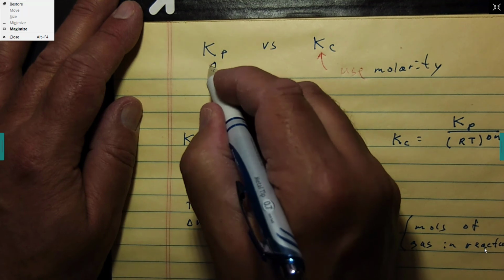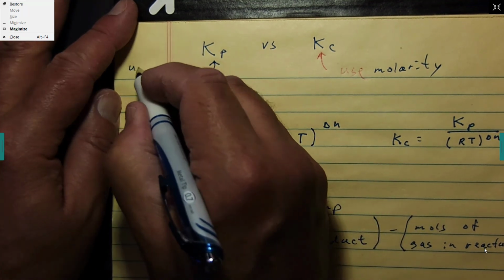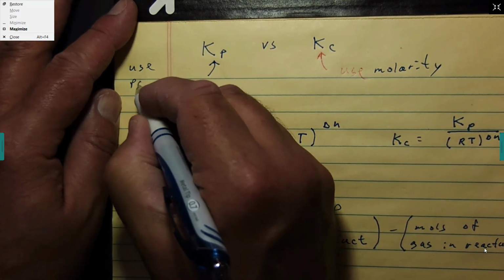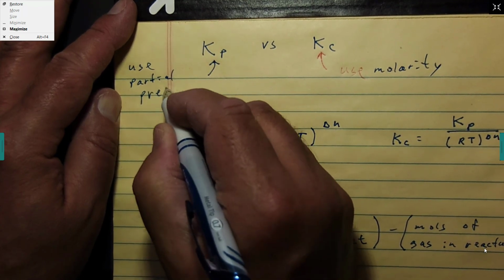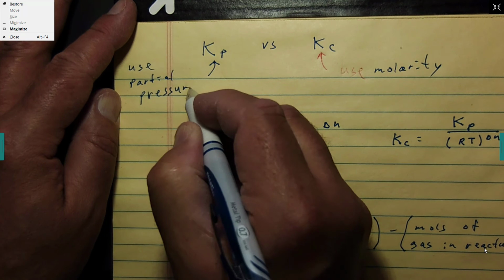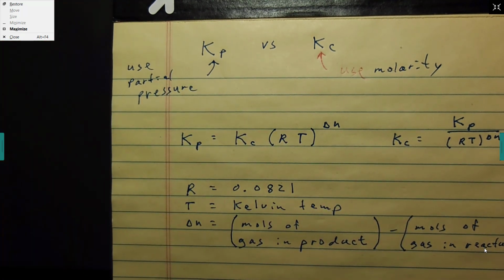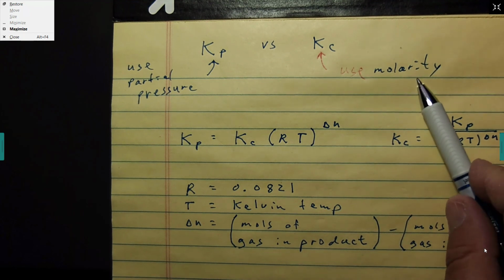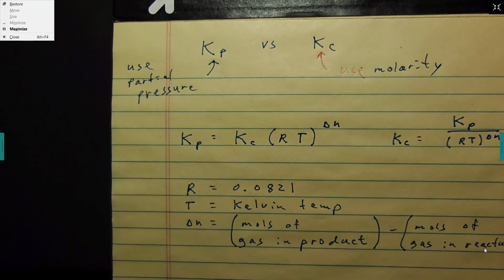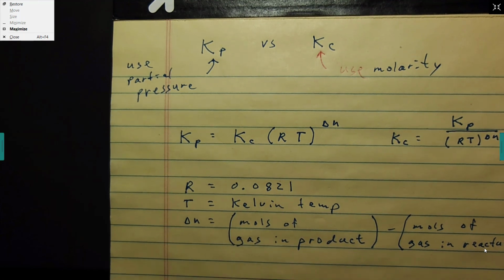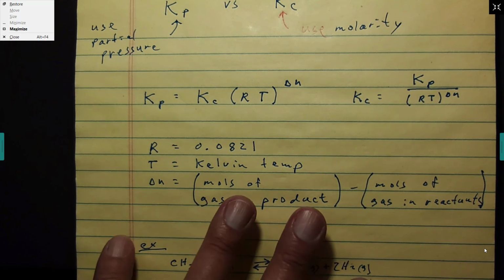Kp is what you get if you use partial pressures for your concentrations. So you get a different numerical value if you express concentration in molarity than if you use partial pressure. Your book goes through a big mathematical derivation which you can skip.